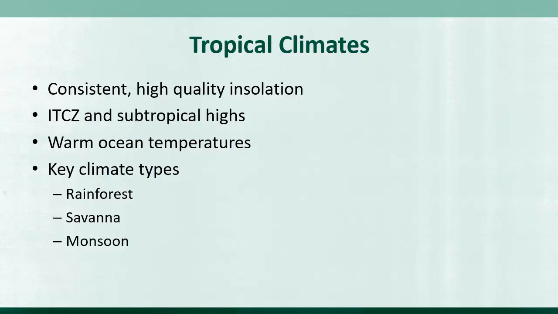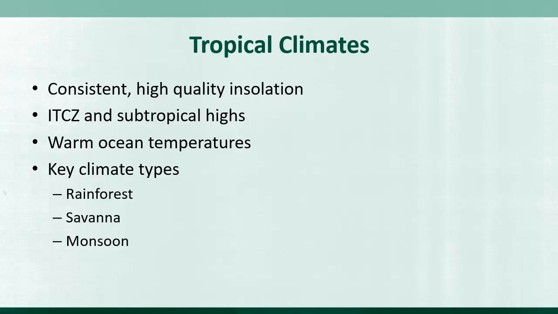Tropical climates are found in places that have really consistent high-quality insolation, as we know. The intertropical convergence zone is very close, but they're often impacted by the subtropical highs as well. Ocean temperatures are quite warm in this area. So we're going to have warm temperatures all year round with very little seasonality.